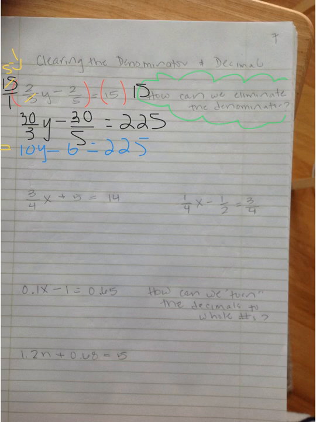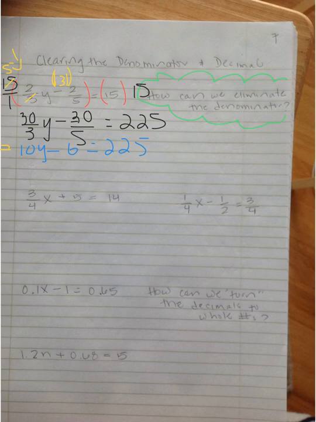And then if you did the same thing over here, 5 and 15, you'd end up with a 3. And 3 times 2 is 6. If you're not comfortable with the cross-canceling, then you can go ahead and just multiply it out as fractions and then simplify. It will always simplify if you have the correct common denominator and if you do your math correctly.